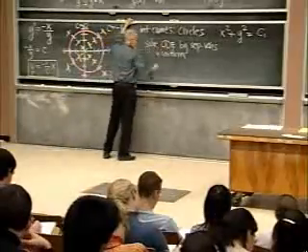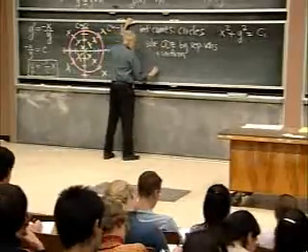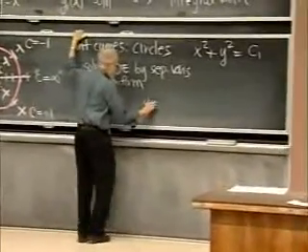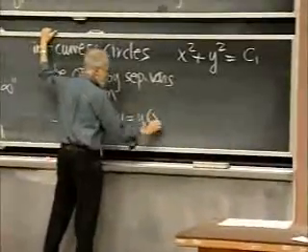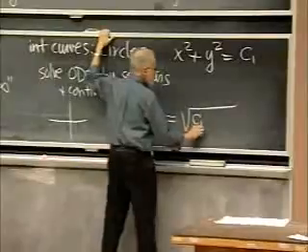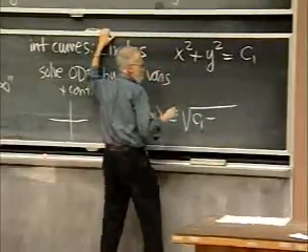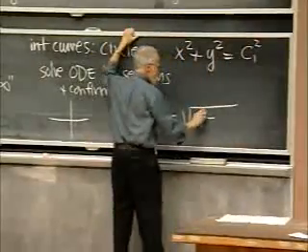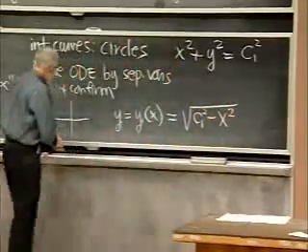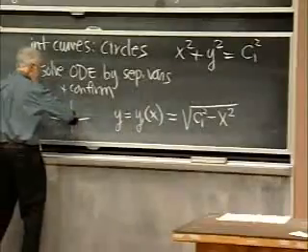One interesting thing to note is that if I write the solution as y equals y1 of x, it'll look something like the square root of C1 squared minus x squared, since that's the way people usually put the radius. And so a typical solution looks like this.